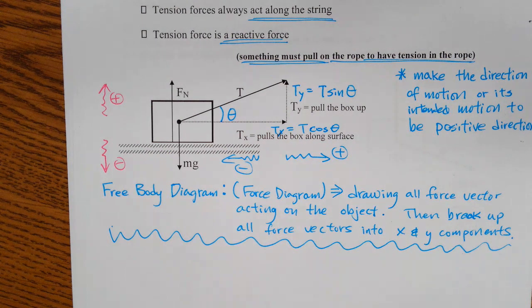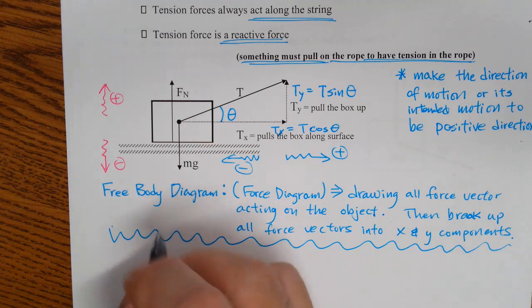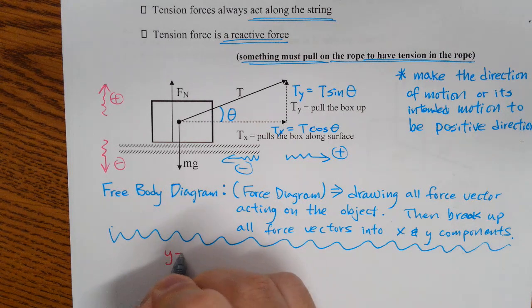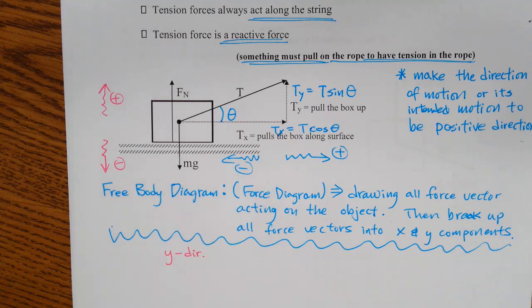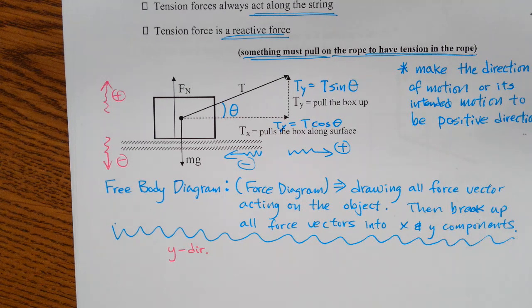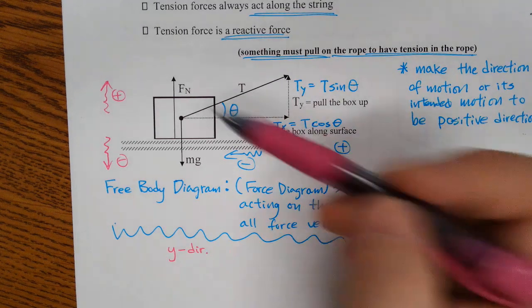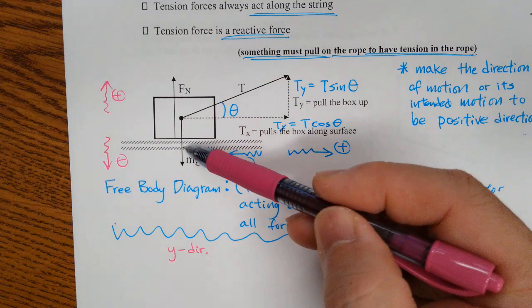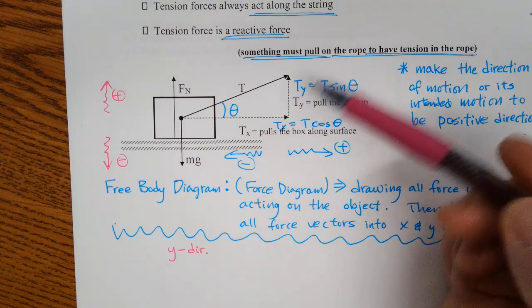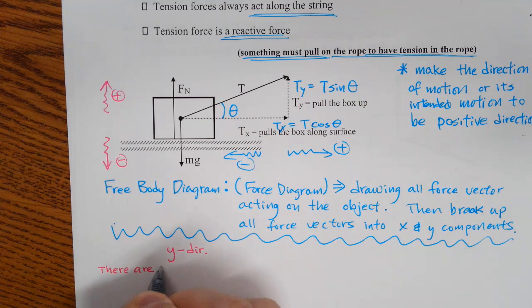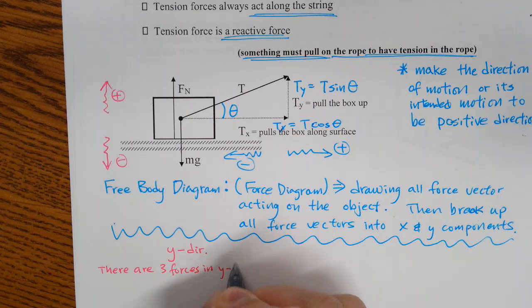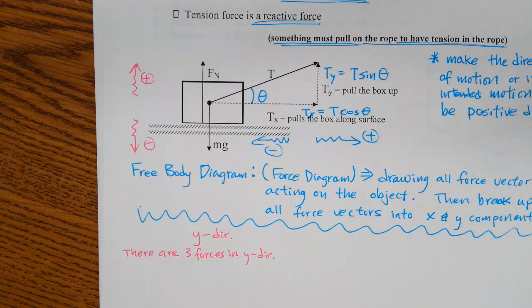So let's take a look at the y direction first. If we look at the y direction, how many forces are there in the y direction? Looks like one, two, three forces, right? So there are three forces in the y-axis, or y direction.